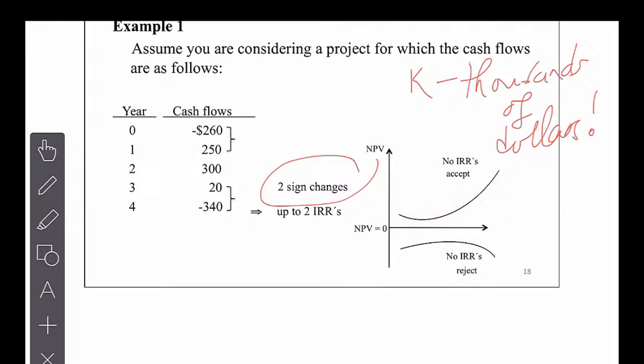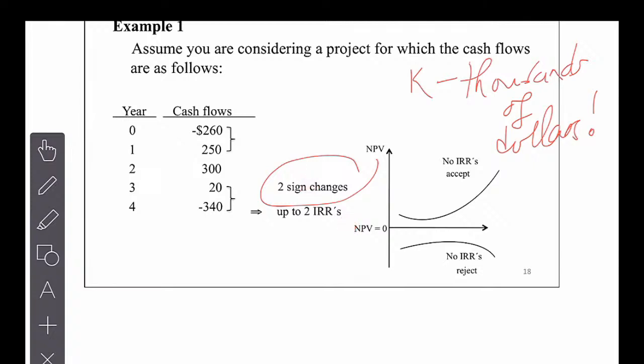And projects like this, analogous to that, in this case you can't calculate an IRR either, it doesn't cross where NPV is 0, but these are always negative. This project is always a negative NPV, so reject this project, okay? But sometimes, if you have up to 2 sign changes, you can have up to 2 IRRs.